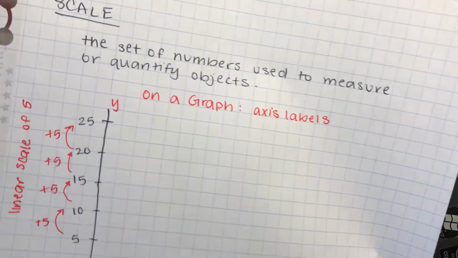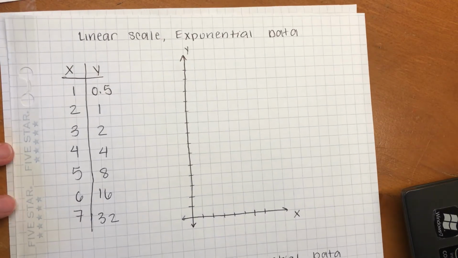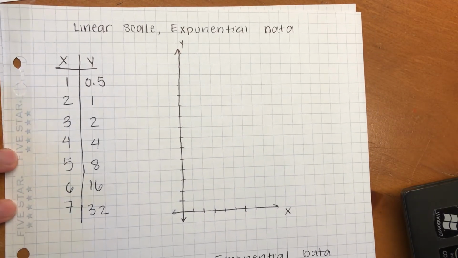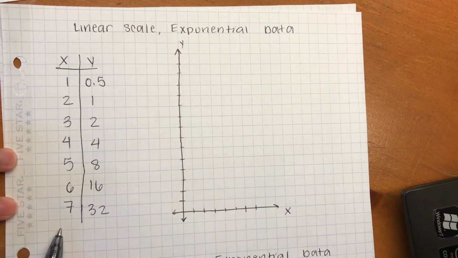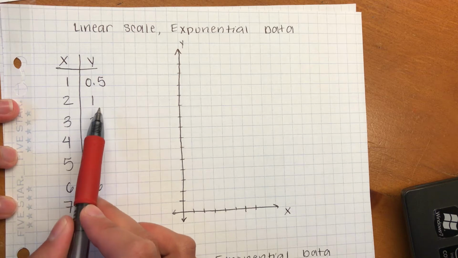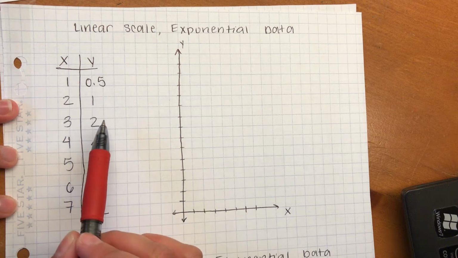So when I have an exponential function, this is my first example, where I have a table of values. If I look at this similar to how we did our geometric values, I'm seeing that each value is not increasing linearly, because it's not adding a constant each time.